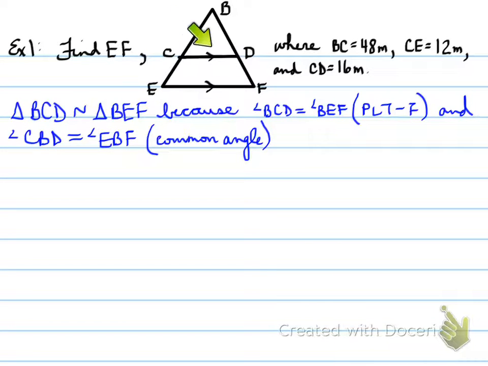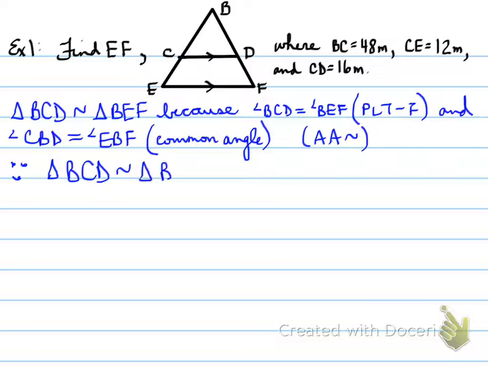Or if we wanted to, we could have done F pattern backwards over here. So definitely, there's multiple possibilities here. Ultimately, we've proven through angle-angle similarity, two angles are equal in both triangles, therefore the two triangles are similar. Since they are similar, we can say that the sides are proportional. That means BC matches with BE, CD matches with EF, and BD matches with BF.